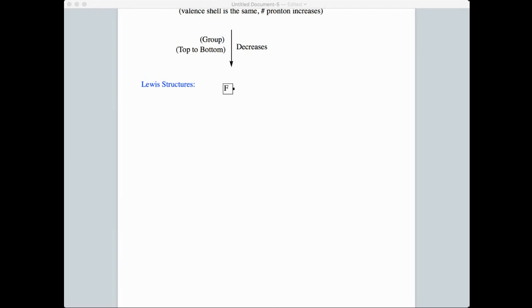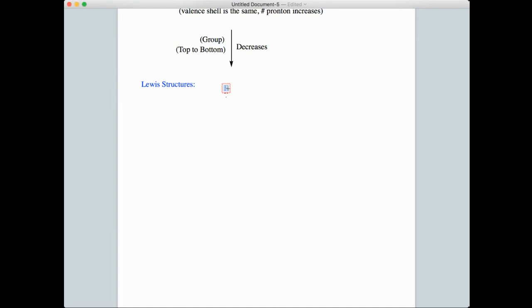Do we use the valence electron information, right? So what you need to know is in which group of the periodic table this element is located. That is going to tell you the number of valence electrons, and then you're going to add the number of dots, which equals the number of valence electrons.